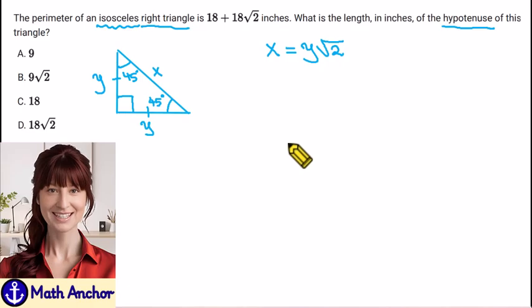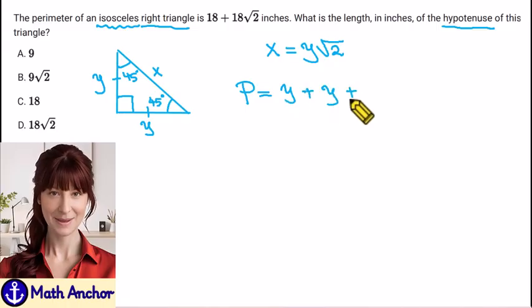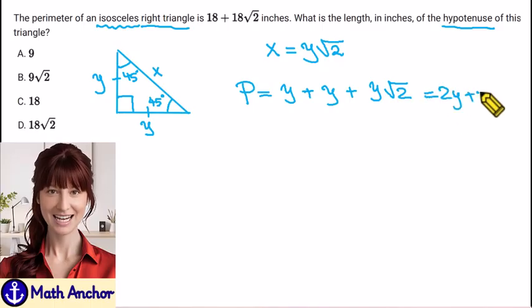All right? Now, we're going to try to find y. We know that the perimeter is the sum of all three sides. So it's going to be y plus y plus the hypotenuse, x, which is, in terms of y, y square root 2. So that is equal to 2y plus y square root 2.